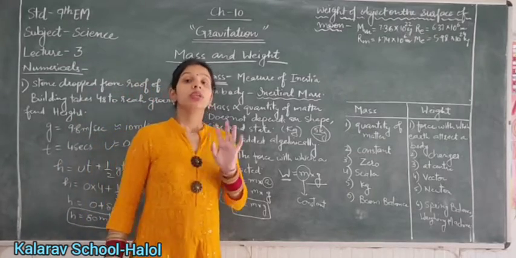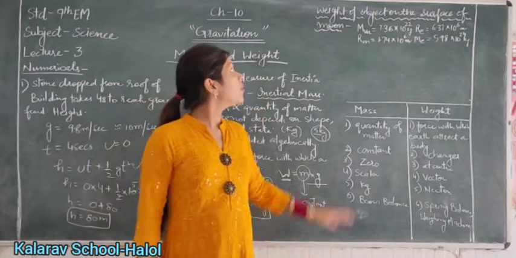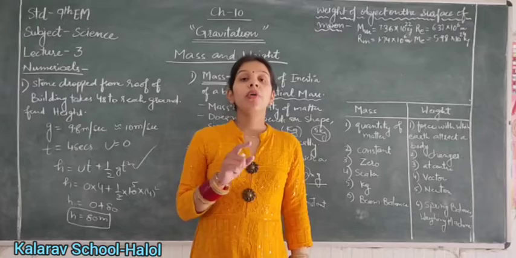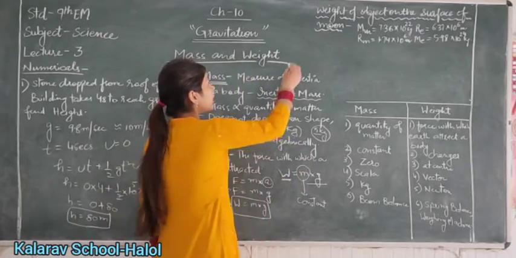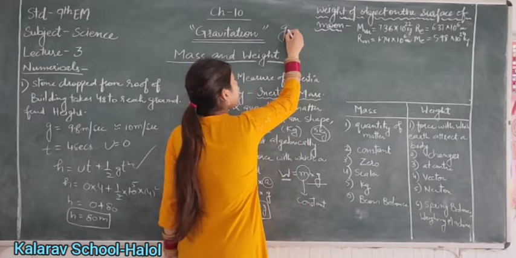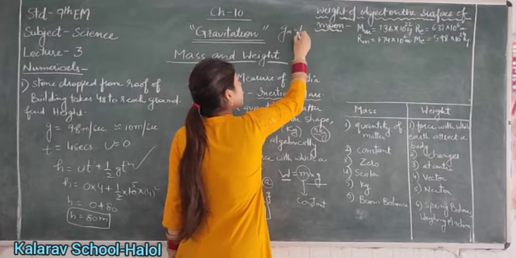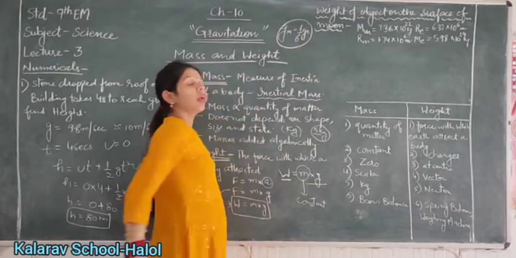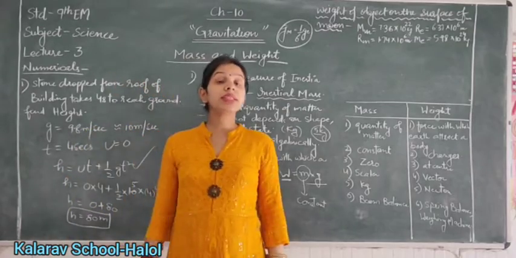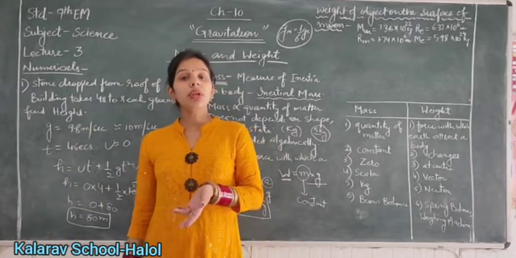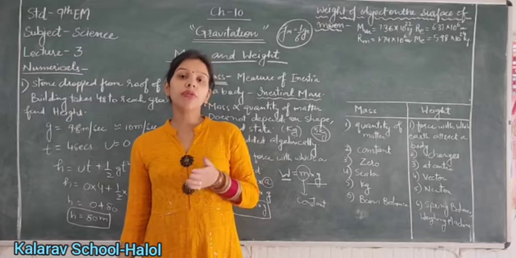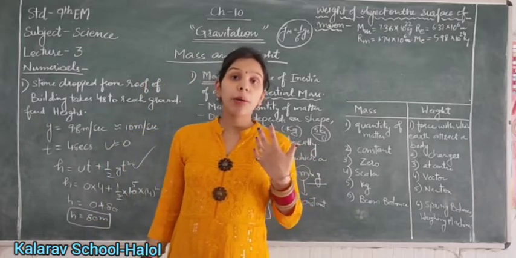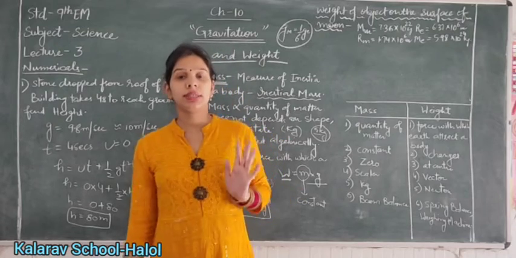Is that clear? Here we will calculate the weight of an object on the surface of the moon. As we know, the gravity of the moon is 1/6 of the gravity of earth, which means the weight of a person on the moon is 1/6 of the weight of a body on earth.